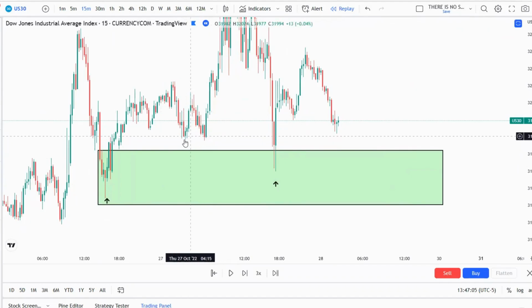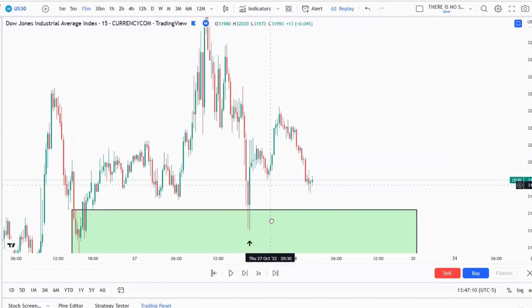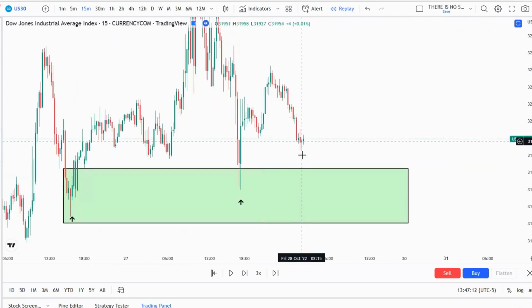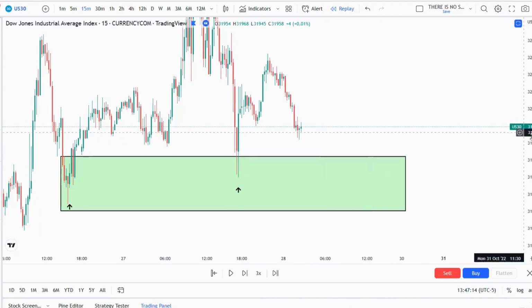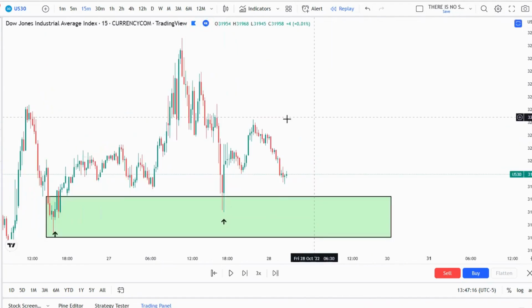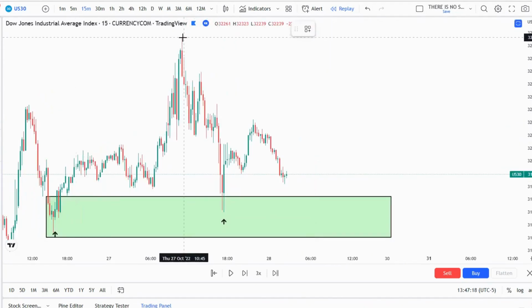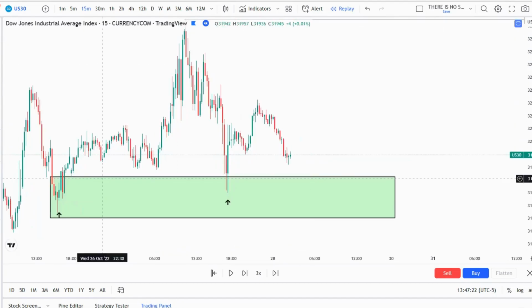The little demand zone in between this demand zone was wiped out here. So my idea is that if we come back into this area of demand here, I could take this trade to the nearest high, right? So let's go ahead and see how this plays out.